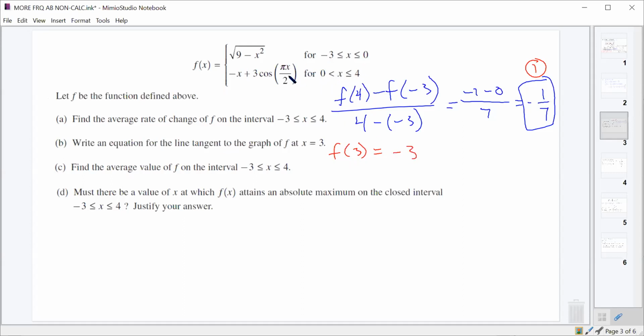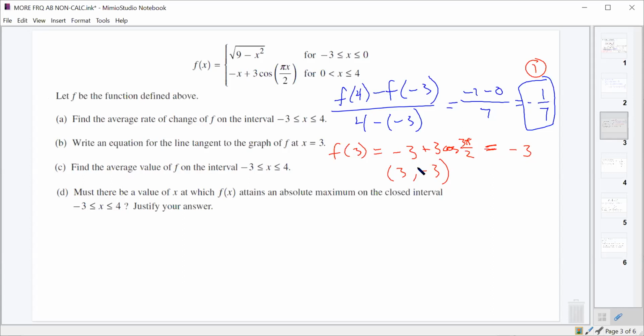Because that's 0 to 4. -3 plus 3 cosine 3 pi over 2. What's the cosine of 3 pi over 2? 0. So we have -3 plus 0, which is -3. So first off, we're looking at the point 3, -3.